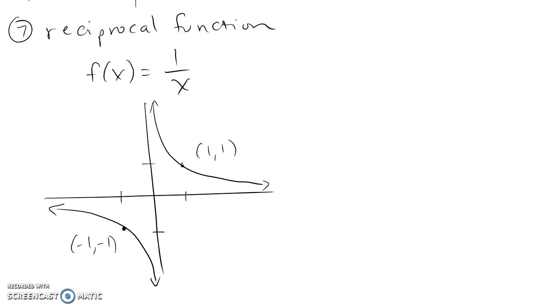And also that the domain does not include 0. So we'll go from negative infinity up to 0, not including it, then start again at 0, not including it, to positive infinity. That's because if we put 0 into the denominator of this function, we get an undefined value.